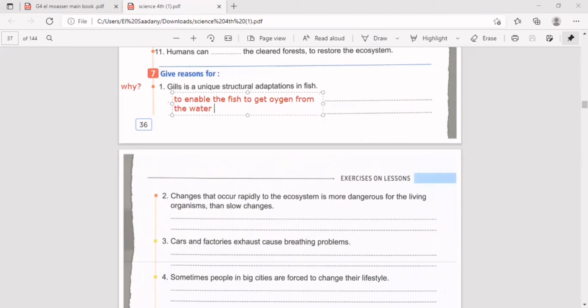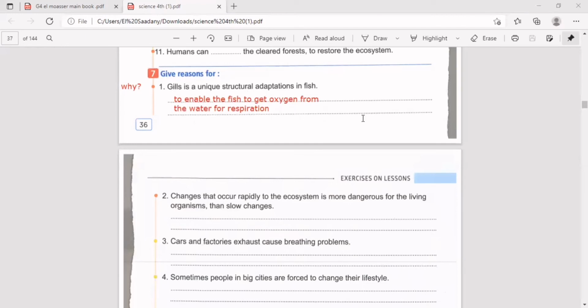So they can extract the oxygen from the water, for respiration actually. So the fish have gills, a structural adaptation. Why? To enable the fish to breathe. How? As they can get oxygen from the water for respiration.